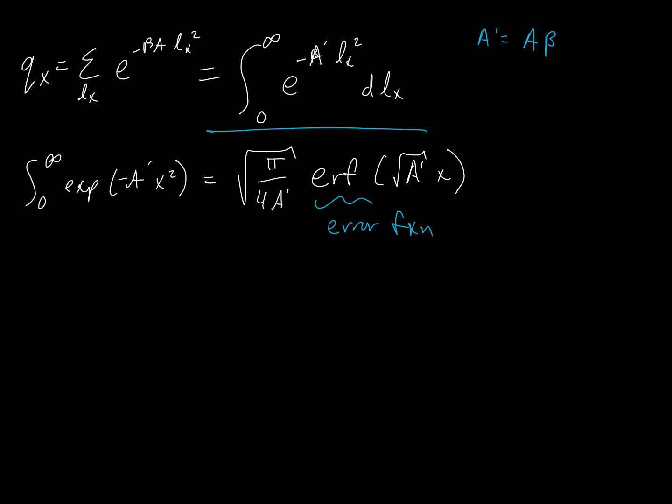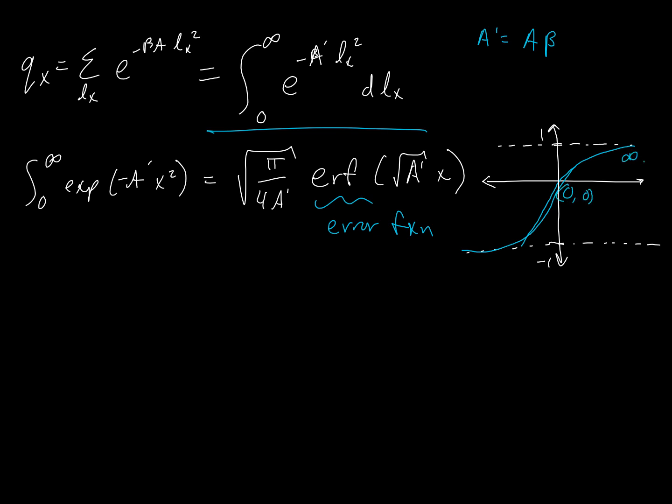And if you were to plot out the error function, this is 1, this is minus 1. It looks like this. So this should cross 0. So at 0 it is 0, and at infinity it is 1.